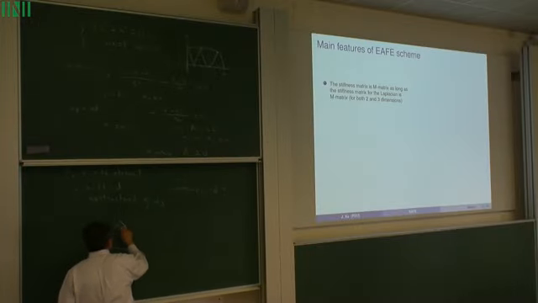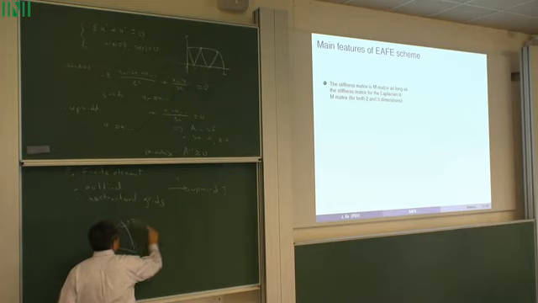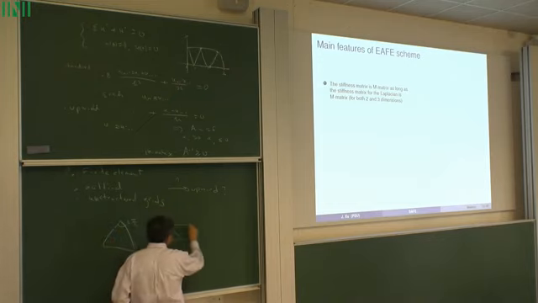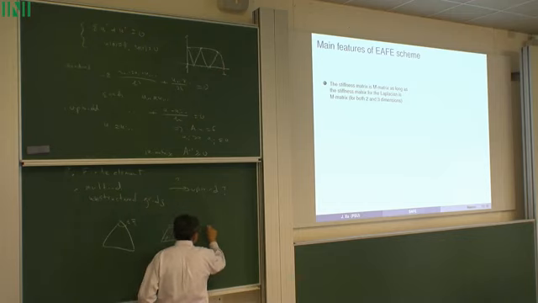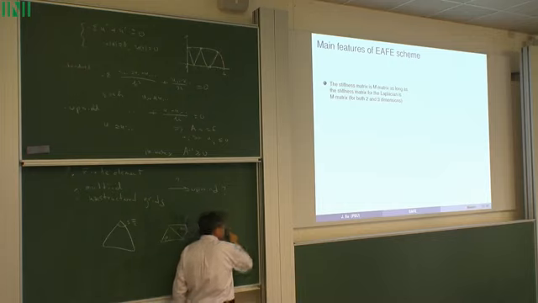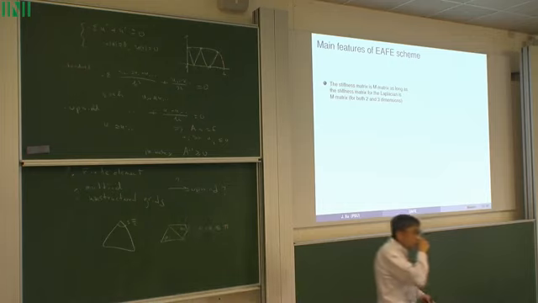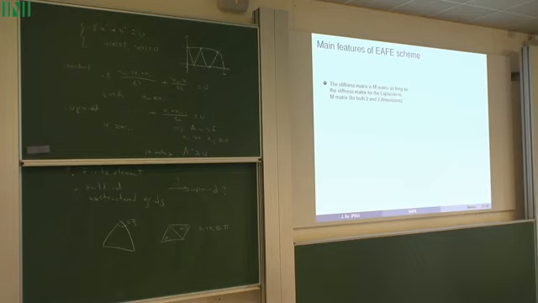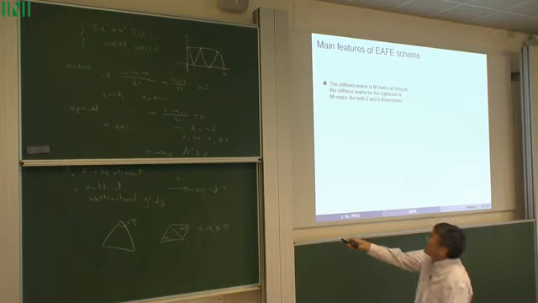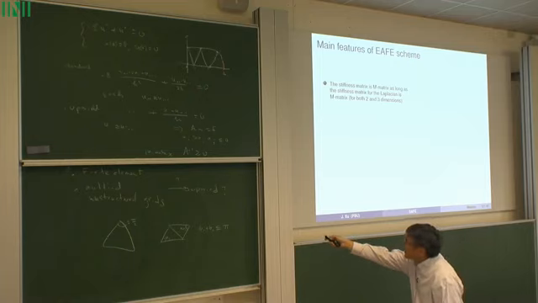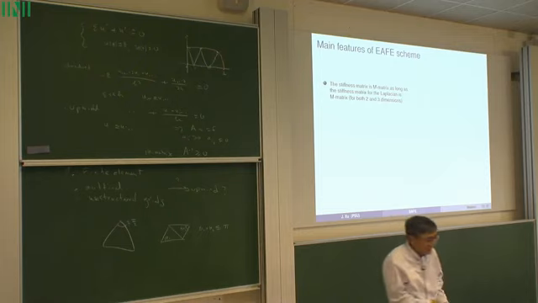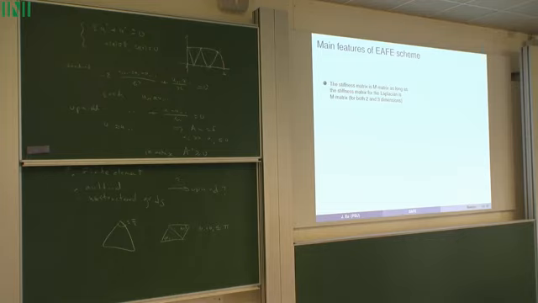This one is less than pi over 2. Of course, the Delaunay triangulation is the if and only if condition for 2D. I wrote it here: Aii is greater than Aij. The diagonal of the matrix is positive, the off-diagonal non-positive.